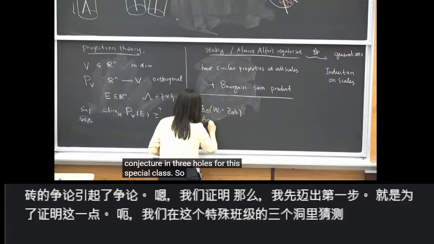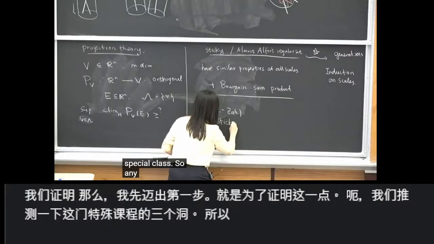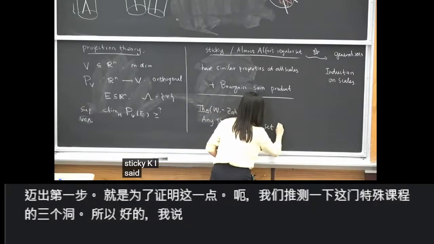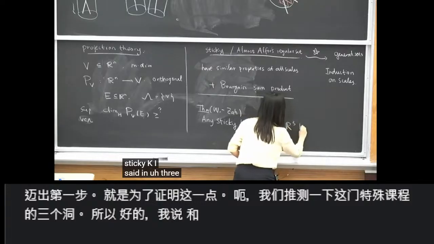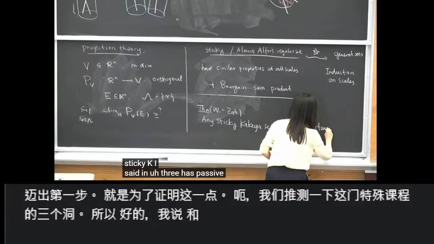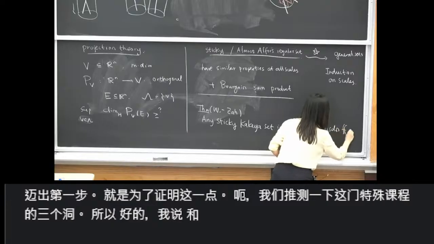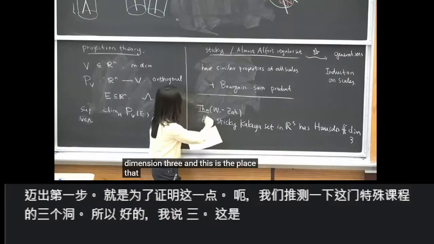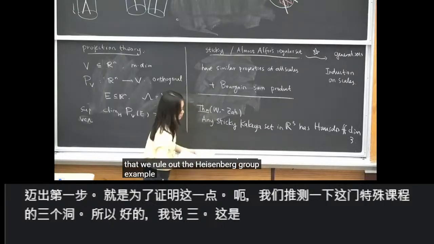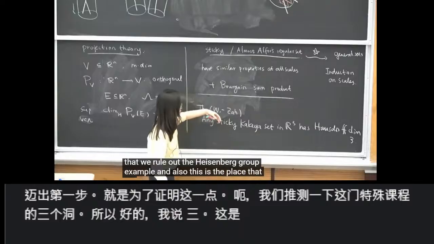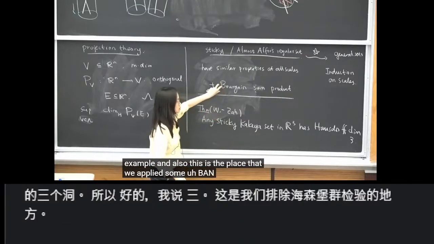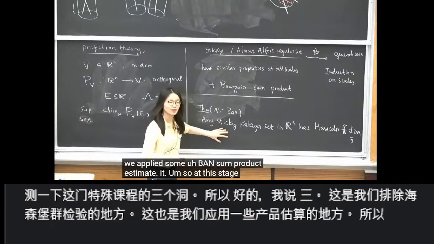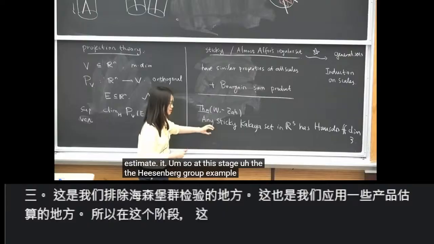Any sticky Kakeya set in R3 has Hausdorff dimension 3. And this is the place that we rule out the Heisenberg group example, and also where we applied Bourgain's sum product estimate. So at this stage, the Heisenberg group example is gone.